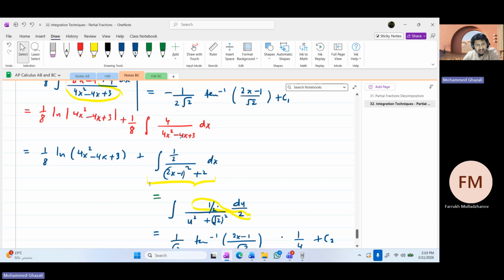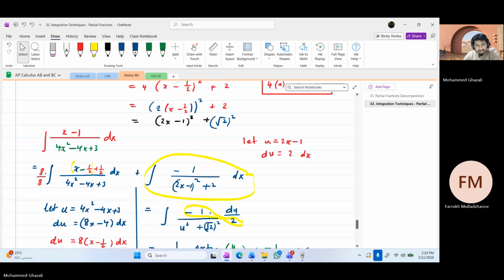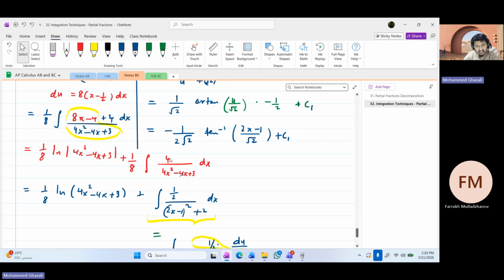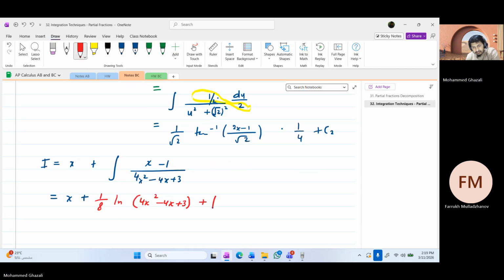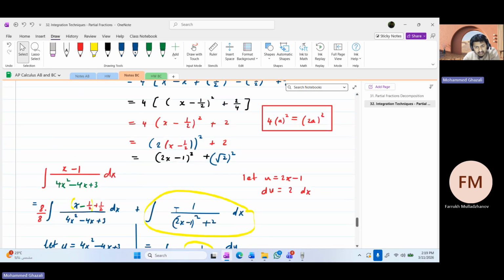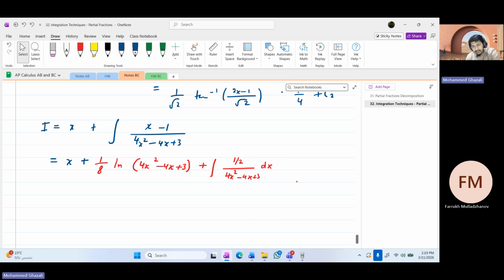And then remember this x part over here split up into two integrals, which was half over all of this plus half over 4x squared minus 4x plus 3 dx. We had plus half, and this part over here was minus 1. So we can combine this result: x plus 1 over 8 ln 4x squared minus 4x plus 3.